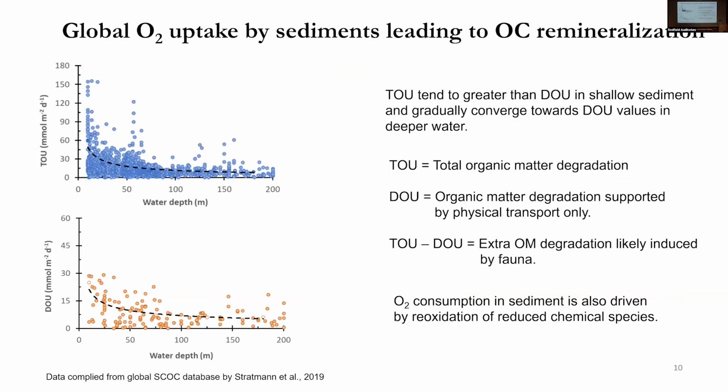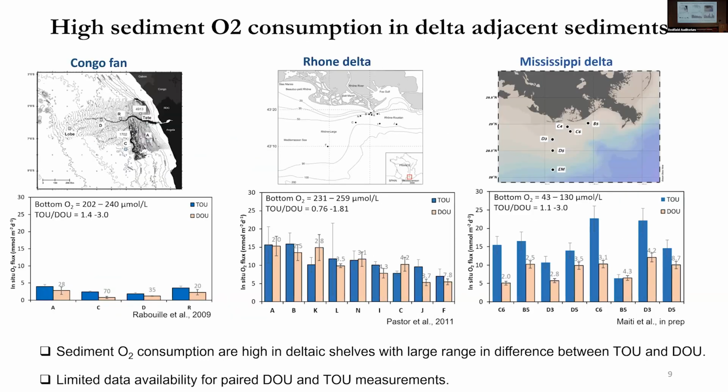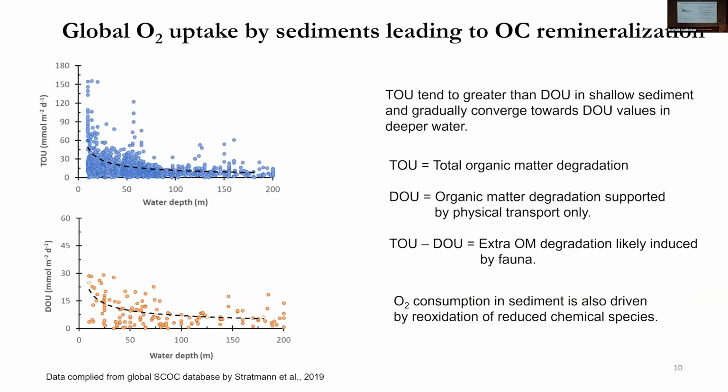Since there were not many of these simultaneous data sets, I looked at this really nice global oxygen consumption database produced by Stratmann et al., I think in Scientific Data. It's a data paper. Although we don't have coupled data, there are data sets where people have measured TOU and DOU, and they often don't match. They're different studies, but it gives us some general idea.